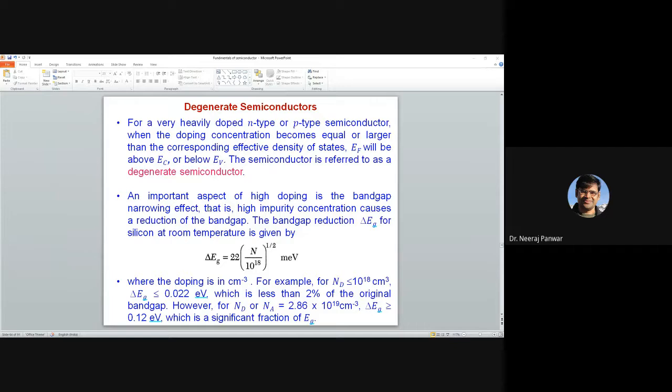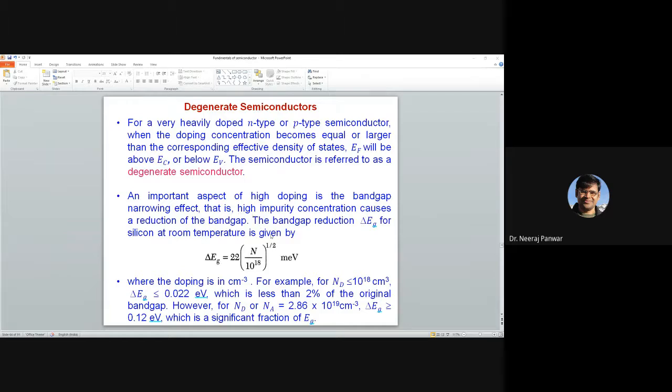An important aspect of high doping is that the band gap gets reduced. There is a reduction in the band gap on increasing the doping levels.